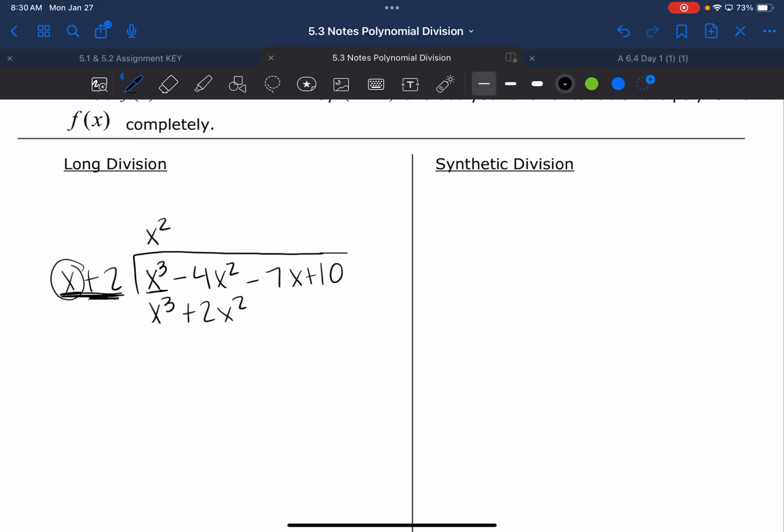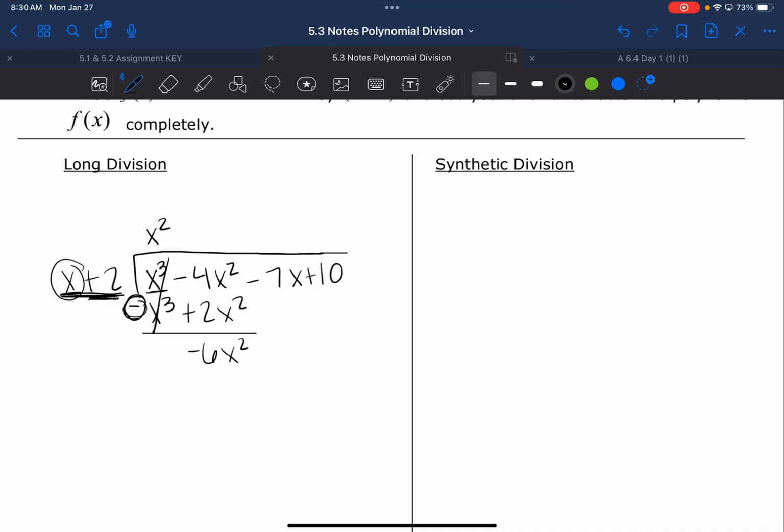So x cubed minus x cubed gives us 0. And then I'm also subtracting this piece, even though the minus is out here. It's negative 4x squared minus 2x squared. What's that going to give us? Negative 6x squared.